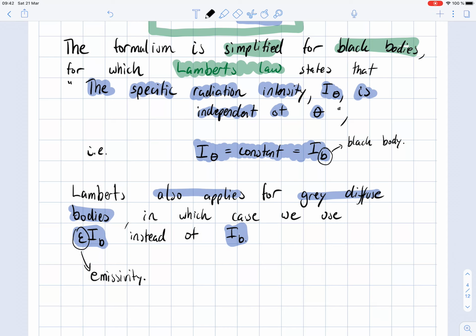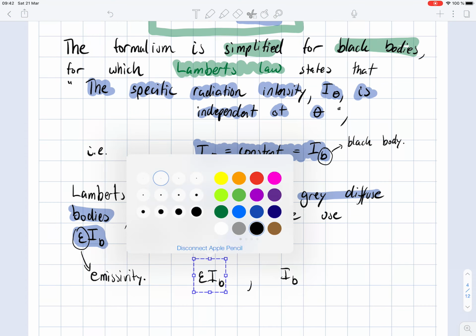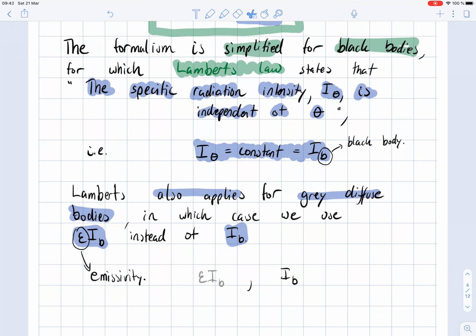So if we have a gray body, we use epsilon IB. If we have a black body, we just use IB. Let's put it in gray. Good.